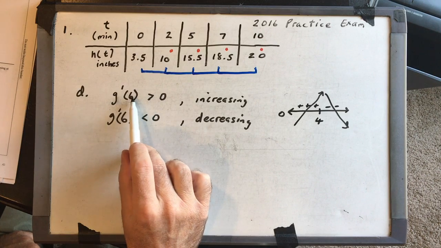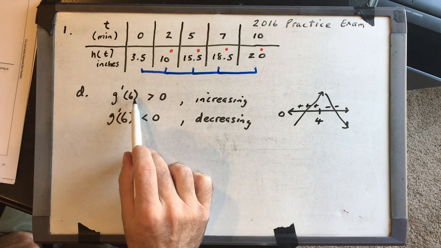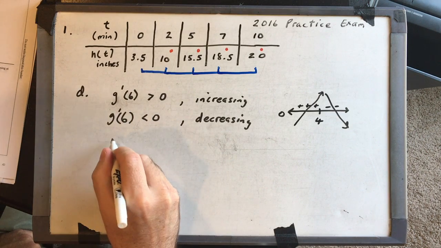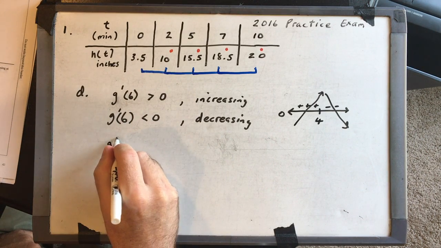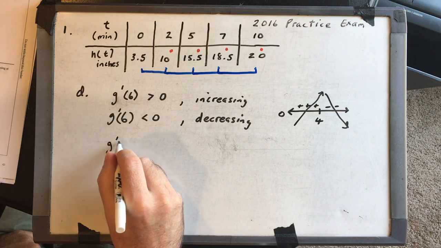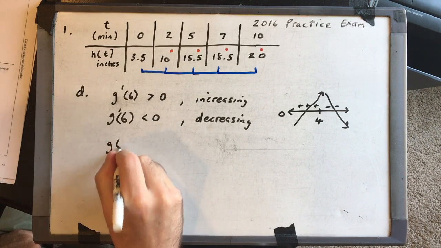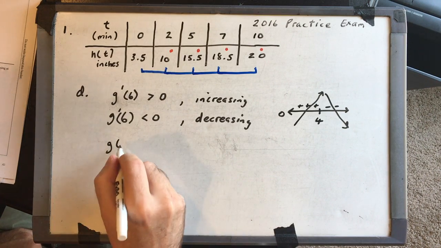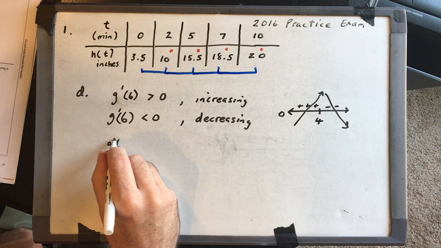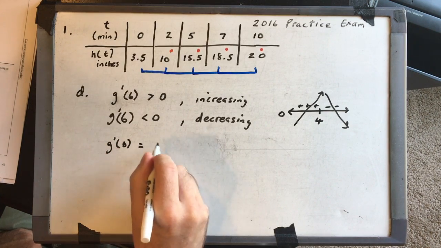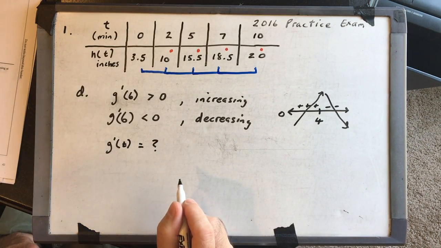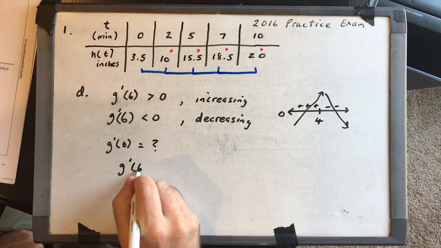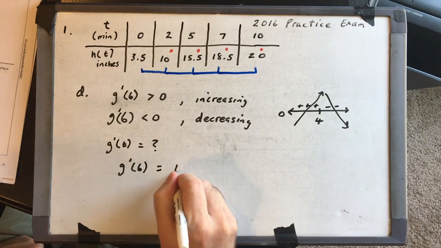So you would just put the function g prime in your calculator. On the 2020 test, it's going to be one you can do by hand. But you want to find g prime of t, and for this particular one, g prime of 6, you would just use your calculator.